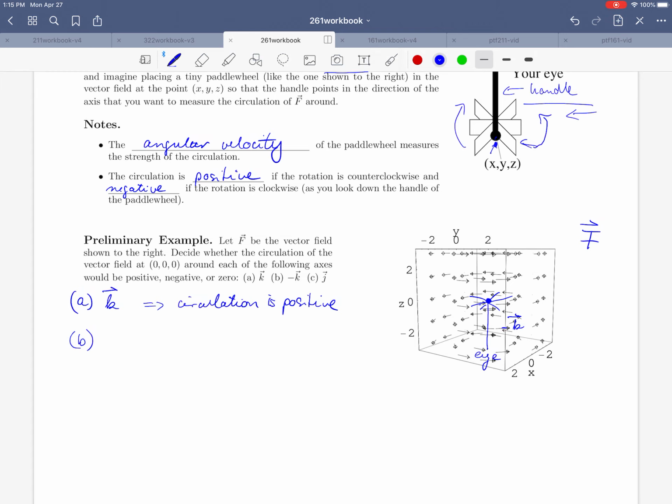And what is the rotation? It's around this way. So at first glance, it looks like it's the same direction, but now your eye is down here. And so as you're looking up into the vector field, you will see that the rotation appears clockwise. We have clockwise rotation. So if our handle points in the direction of minus K, we have that the circulation is negative.